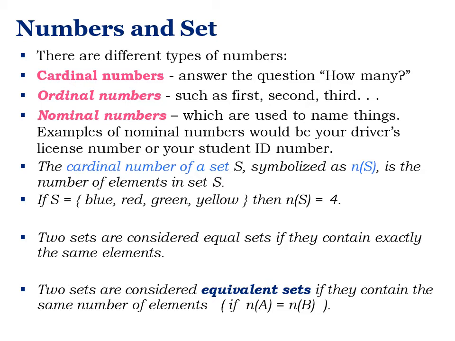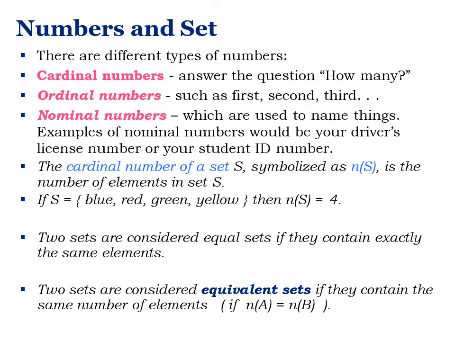Next one we have numbers in sets. There are different types of numbers to be considered when we are dealing with sets. First, we have cardinal numbers. They answer the question, how many? Next one, ordinal numbers, such as first, second, or third. So that is in order. Next one, you have nominal numbers, which are used to name things.